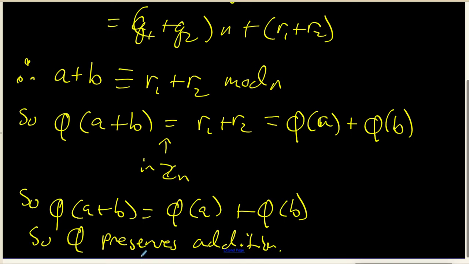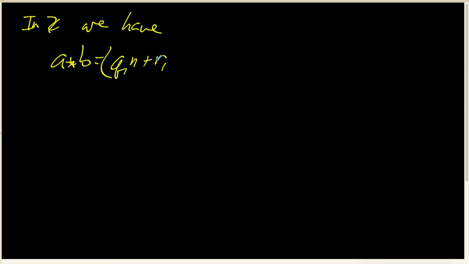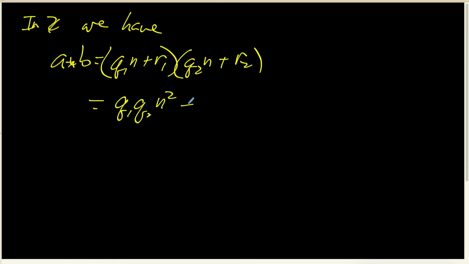Well, we have to do the same thing for multiplication, and it really isn't any harder. In Z, we have a times b will be equal to q1 times n plus r1 times q2 times n plus r2. And when we distribute that out, we're going to get q1 times q2 times n squared plus q1 times n times r2 plus r1 times q2 times n plus r1 times r2.